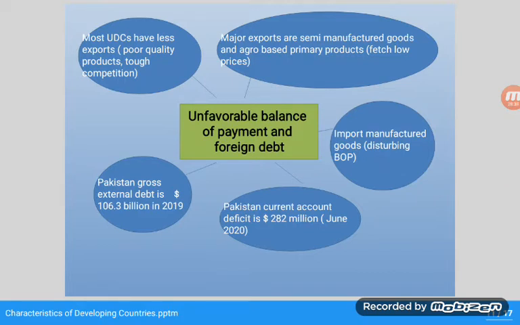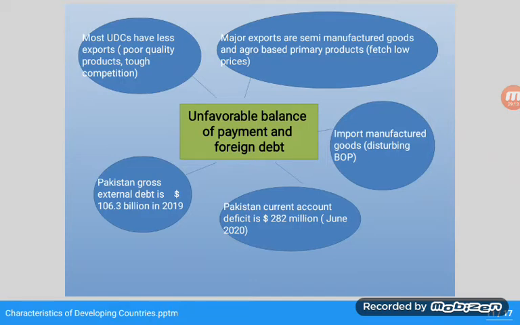Remember I told you in one of the previous slides that developing countries try to establish heavy industries, but they do not have the capital and machinery to be utilized in that industry, so they end up importing them. So this adds up to their import bill. They are selling products which earn less, but they are importing products that cost a lot. So this is what disturbs their balance of payments.